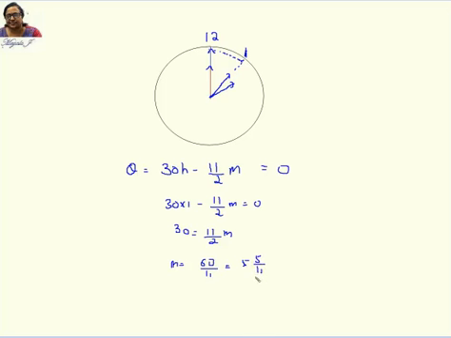So 5 by 11, and this is only minutes. And already I said it is happening after 1 hour. So it's going to be 1 hour plus 5 by 11 minutes, or I can say 60 plus 5 by 11 minutes. So the time taken for both the hands to coincide with each other is nothing but 65 5 by 11 minutes. That's the answer.